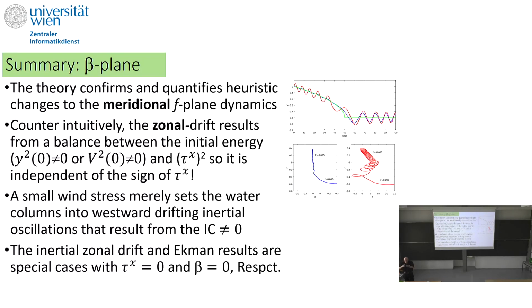One is inertial oscillations on the beta plane. Just put gamma equal to 0, and you get the inertial oscillations exactly the way they should be with the westward drifting. We can quantify the westward drift. And if you put beta to 0, you get Ekman's results with the wind-driven dynamics on the F-plane.